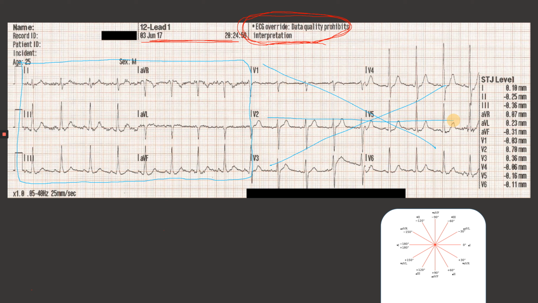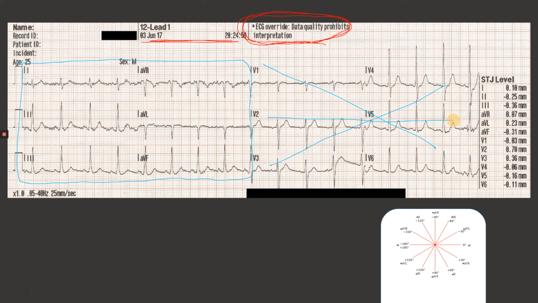Well, V1 and V2 really just more or less the septal area, but lead 1 and AVF are going to be looking down the side of the heart. And you can see here, AVF, 2, AVR, and 1, these leads are looking at the direction it should be going. AVL is also kind of within that range right there.